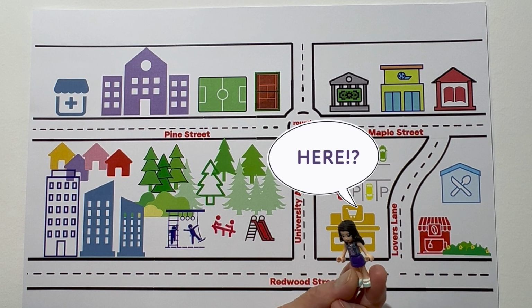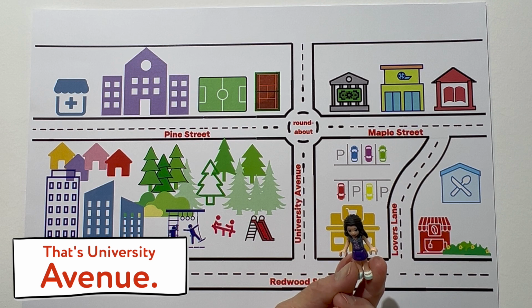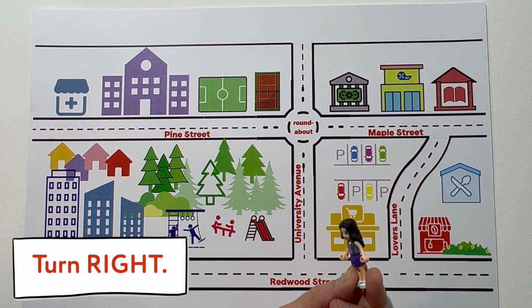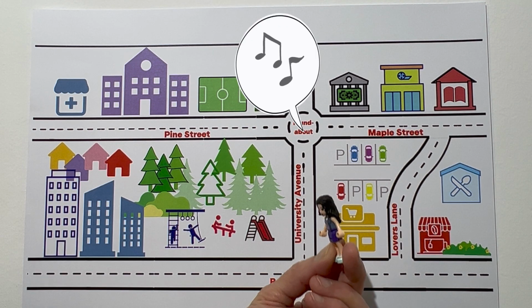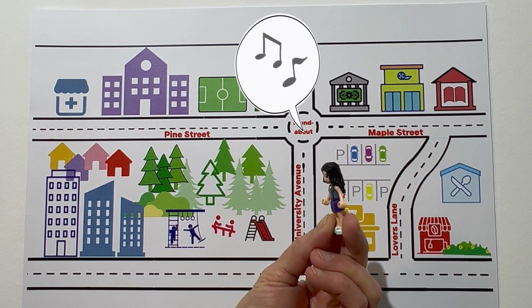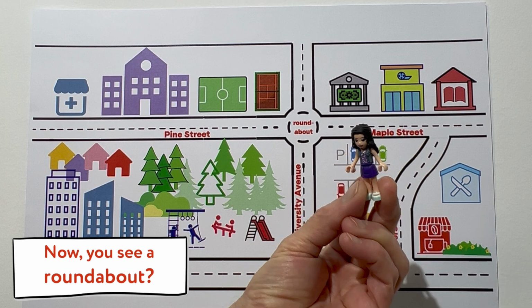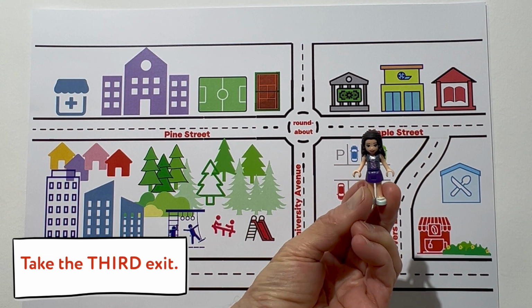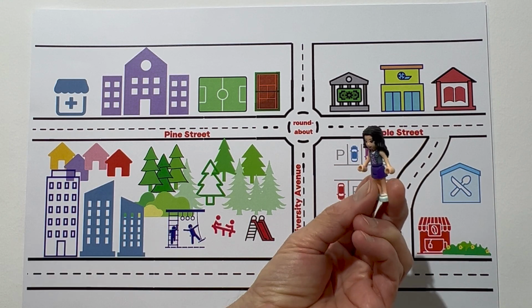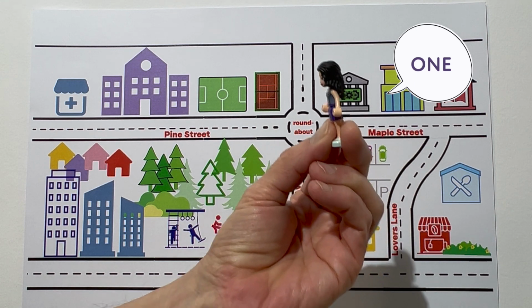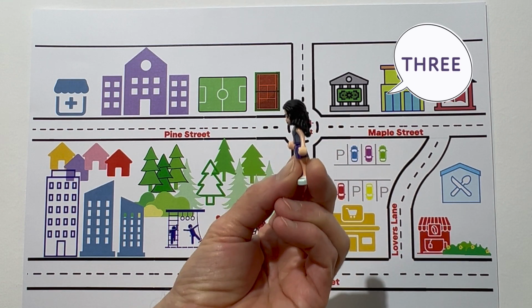Here? That's University Avenue. Turn right. Oh, okay. And now? Now you see a roundabout. Mm-hmm. Take the third exit. 1, 2, 3.